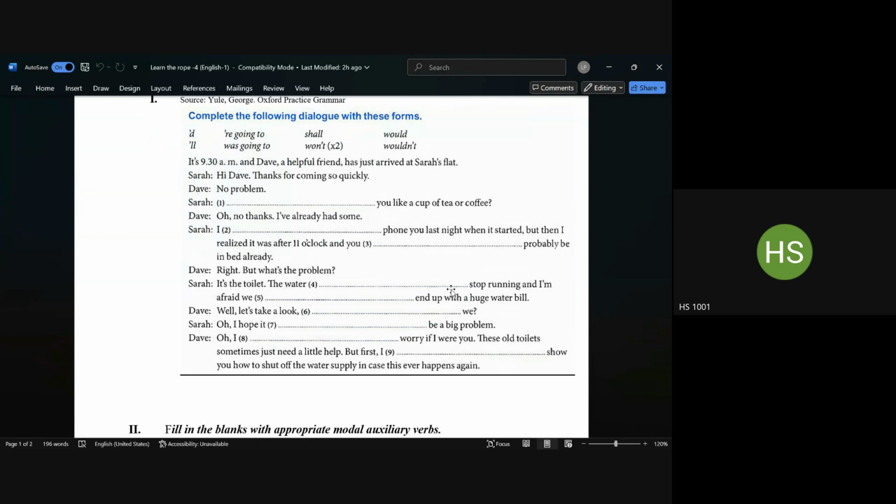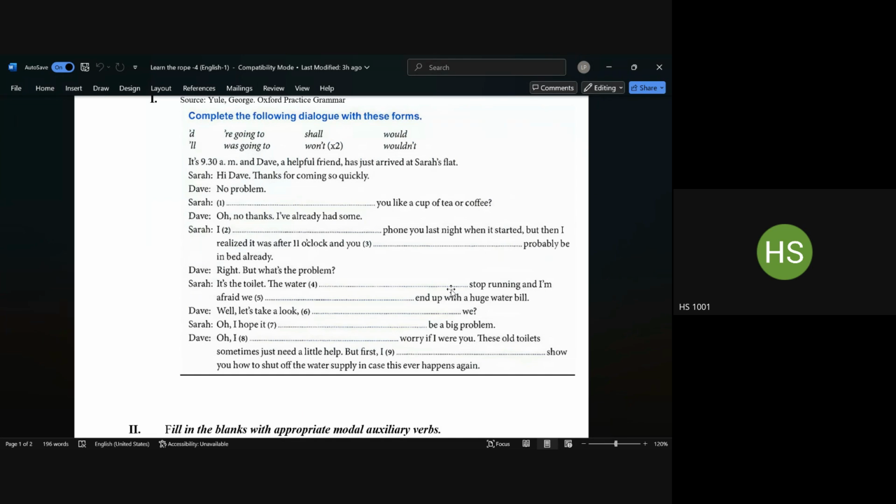You could also say would here, but since we have already used would twice, what are we going to use here? We are going to end up with a huge water bill. Not are, actually were. We were going to end up with a huge water bill.